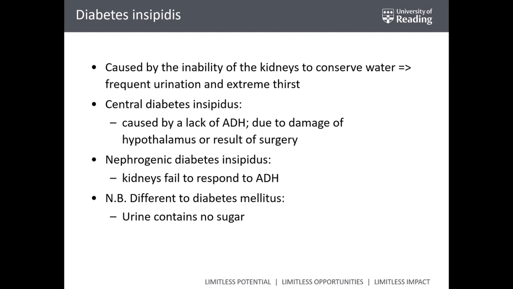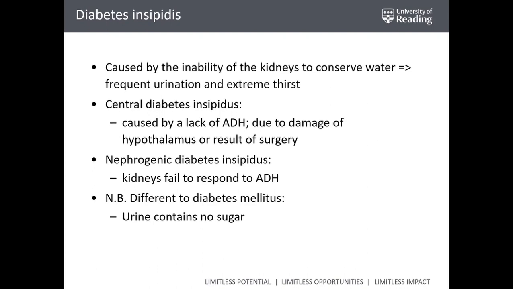And diabetes insipidus is caused by a lack of ADH. And the lack of ADH can be due to damage to the hypothalamus as a result of an accident or as a result of surgery, or it can be nephrogenic, in the sense that ADH keeps being produced, but the kidneys fail to respond because they don't have the adequate receptors, or those receptors are not active to ADH.